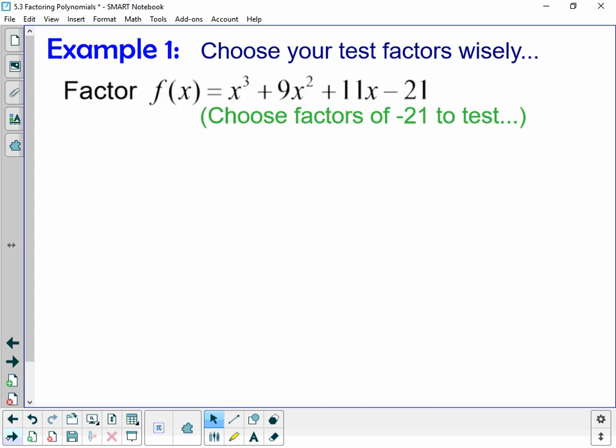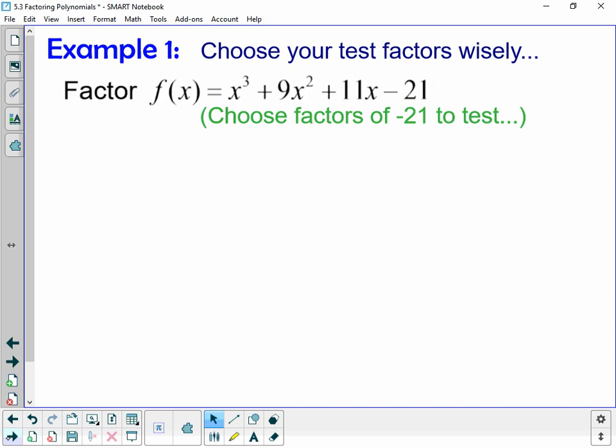Okay, so let's get into our new stuff for today. I just wanted to review that. So today we are going to be factoring trinomials, sorry, not trinomials, cubic equations, and it's going to be a little different than we have factored in the past.